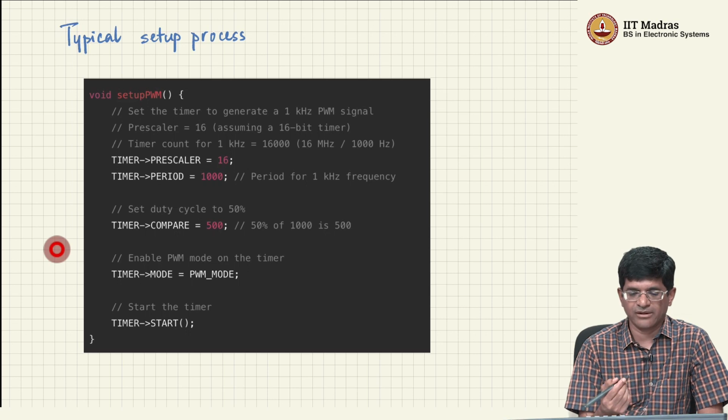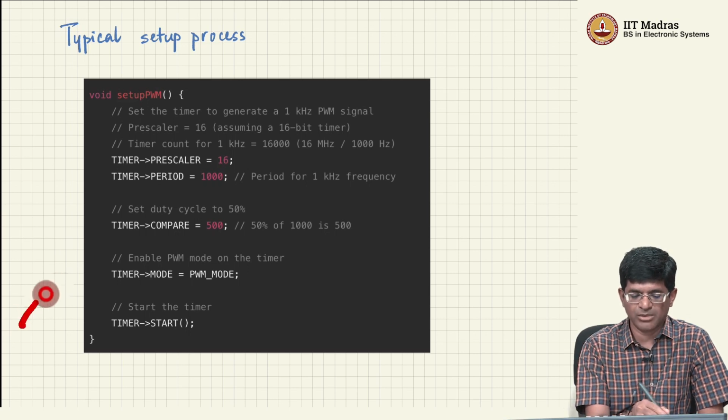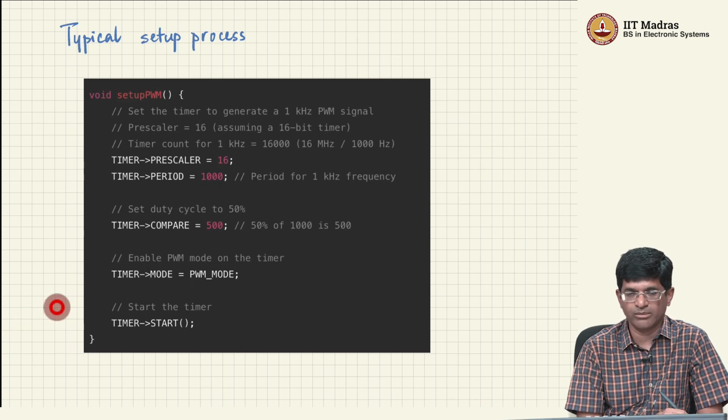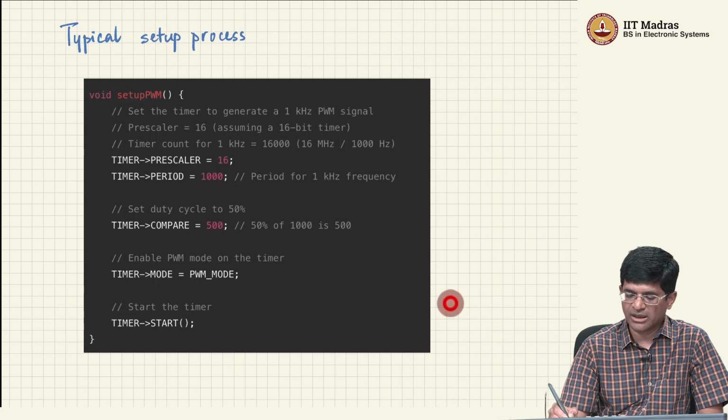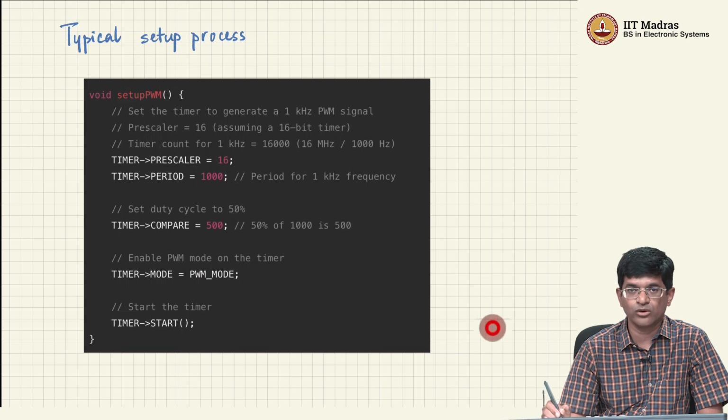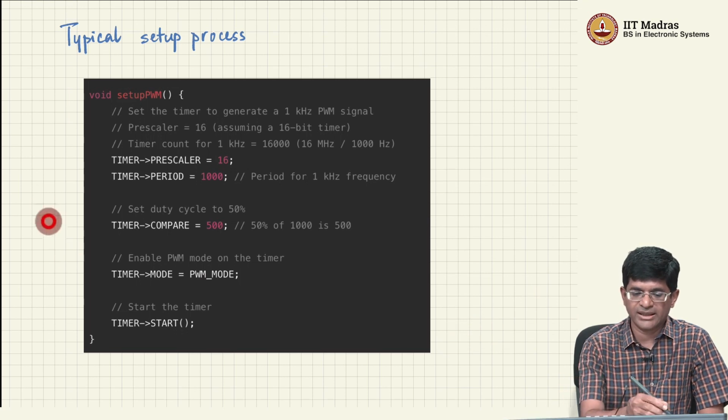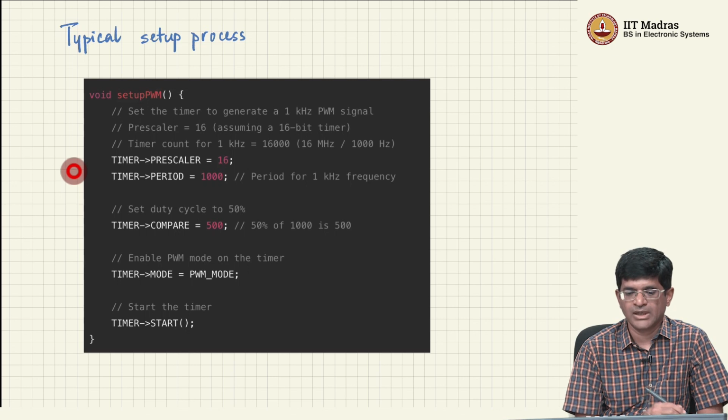Basically, what this is implicitly saying is that because I have set the mode over here to PWM mode, there's going to be a counter that counts high for 500 cycles and then remains low for the next 500 cycles. And what is the clock that it gets? It's 16 megahertz down converted by a factor of 16, so 1 megahertz.